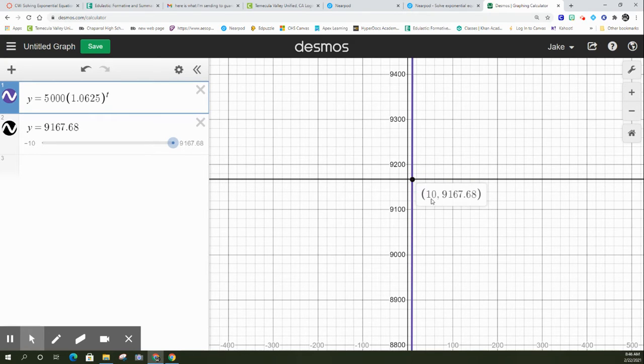It's going to cross when x is 10. So you could graph both of them. We've been doing that all year, solving by graphing: graph the left side of the equation, graph the right side, and see where they intersect. This is like when a linear intersects an exponential.